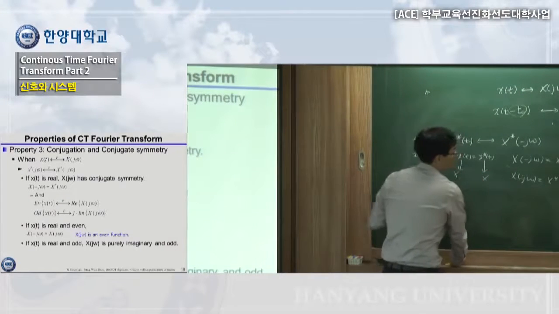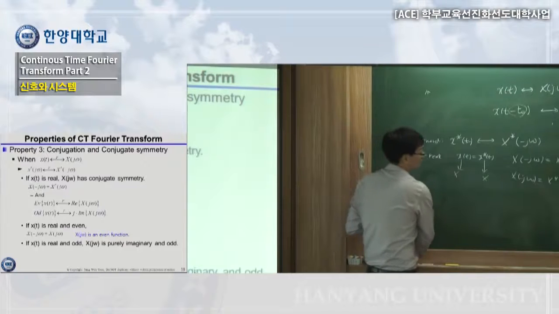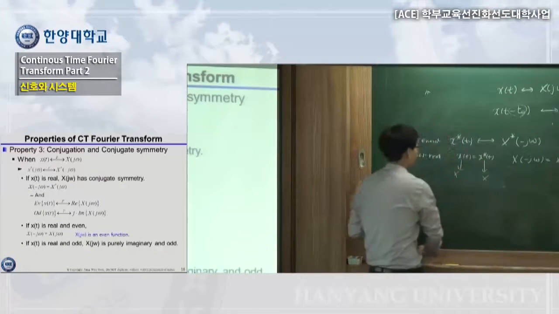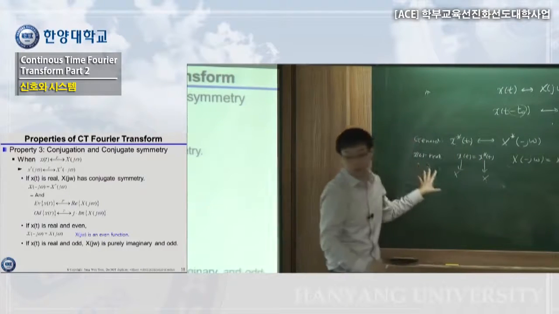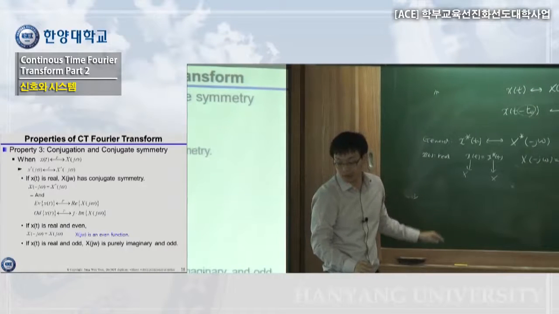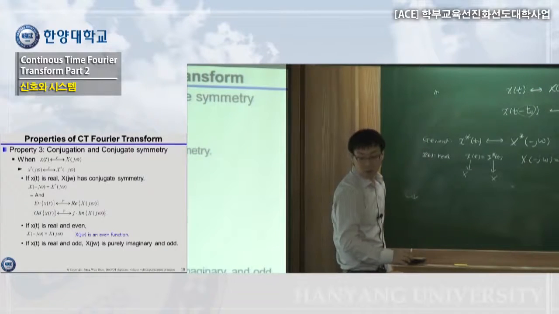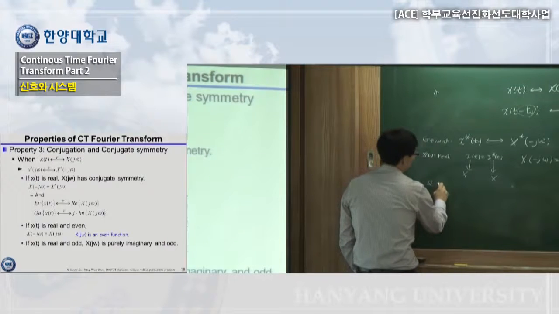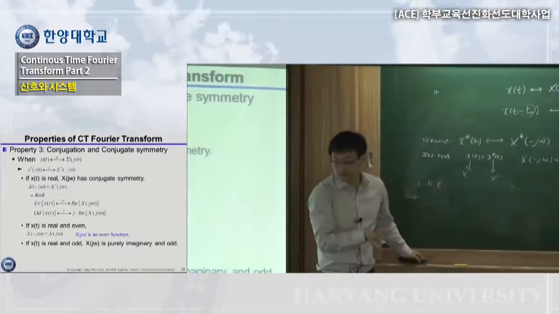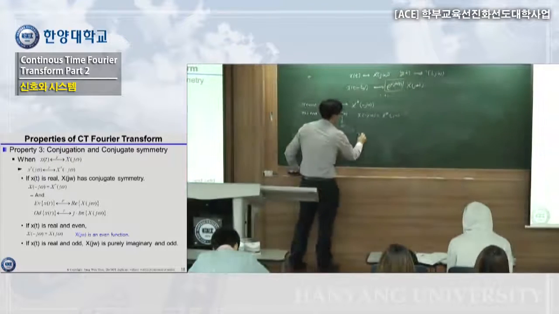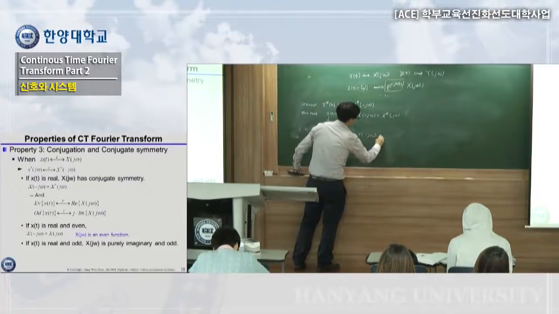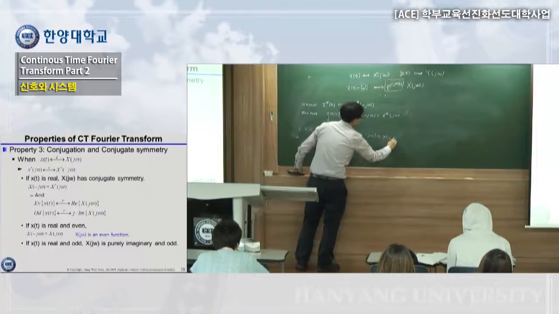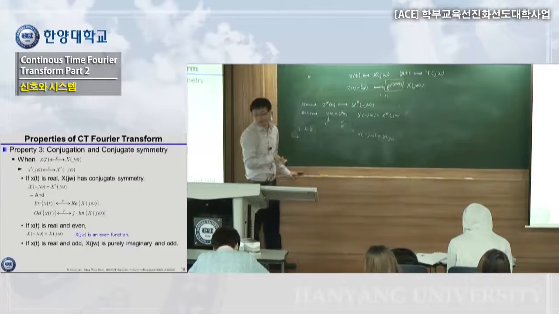This or this has the same meaning, for the case x is real. If x is real and even, then X(minus j omega) equals X(j omega). See?